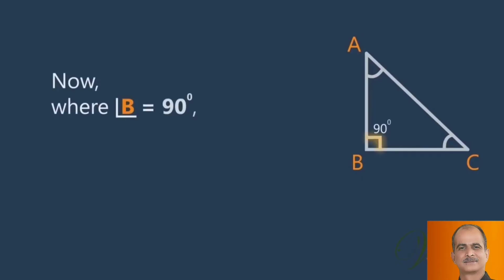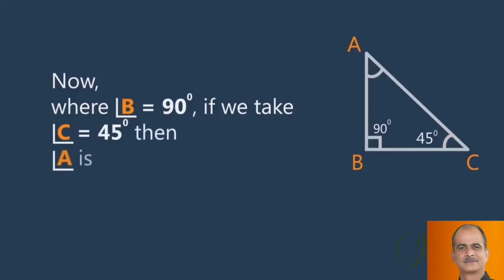Where angle B is equal to 90 degrees, if we take angle C is equal to 45 degrees, then angle A is also 45 degrees, because the sum of the three angles of a triangle is 180 degrees.